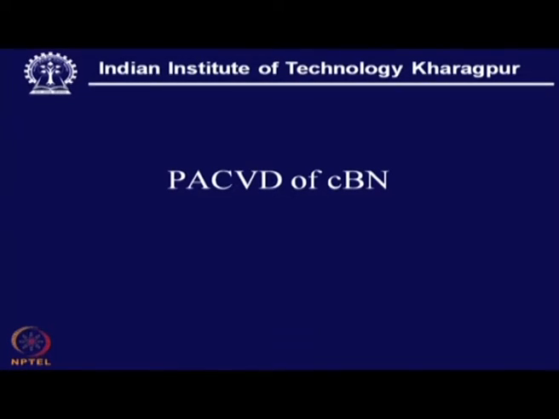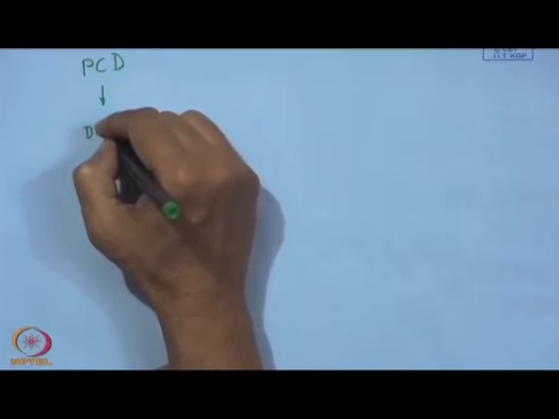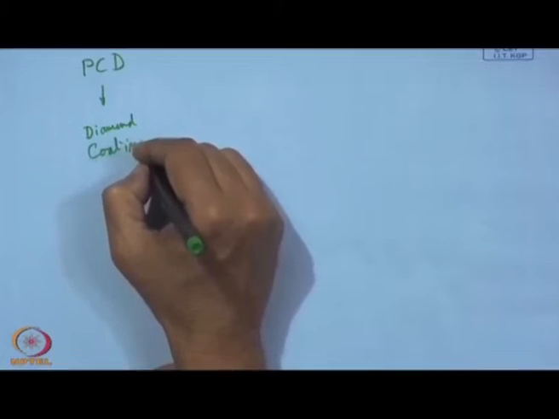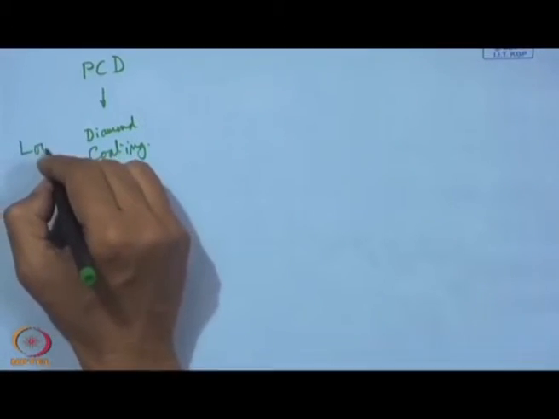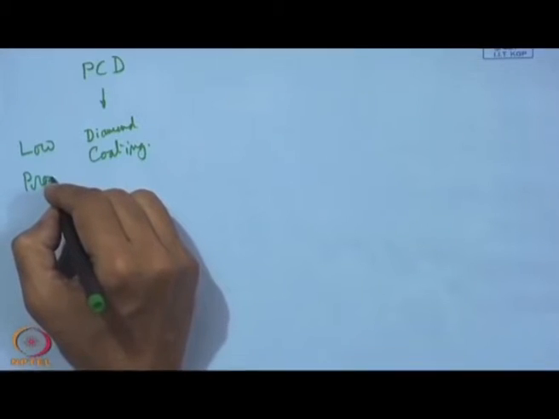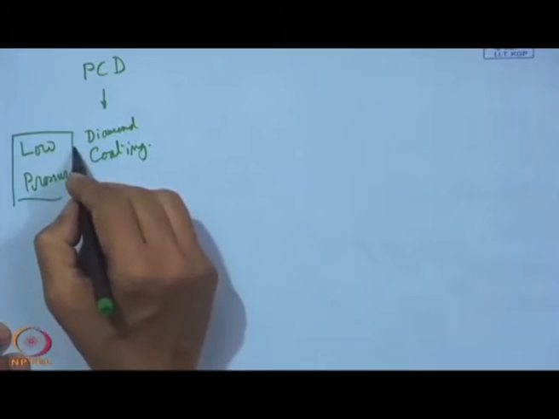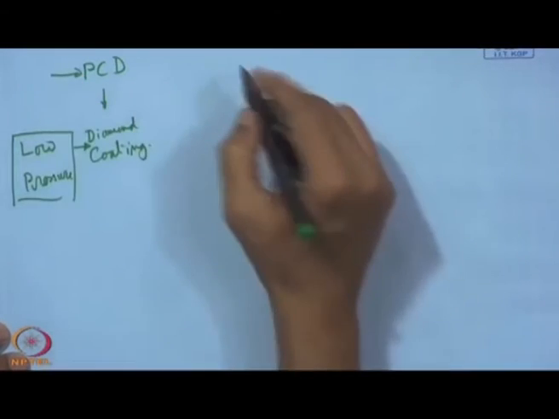So, this is plasma assisted CVD of CBN that we have looked into. Now, we know that for PCD, the diamond coating is a low pressure technology, and the other is a high pressure technology.